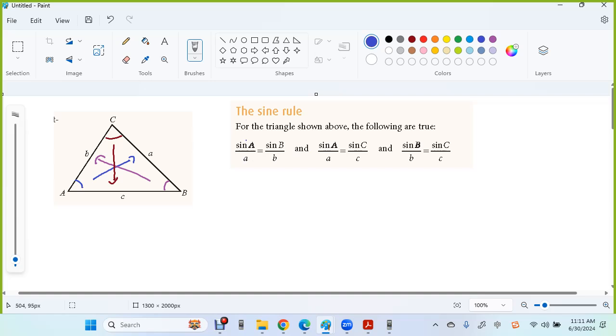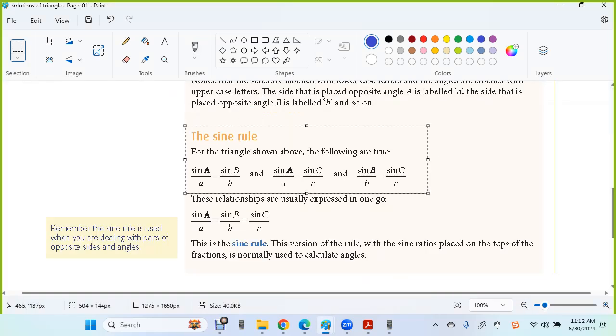The relationship between the angles and the lengths according to the sine rule is sine A over a equals sine B over b equals sine C over c. So this is the sine rule.